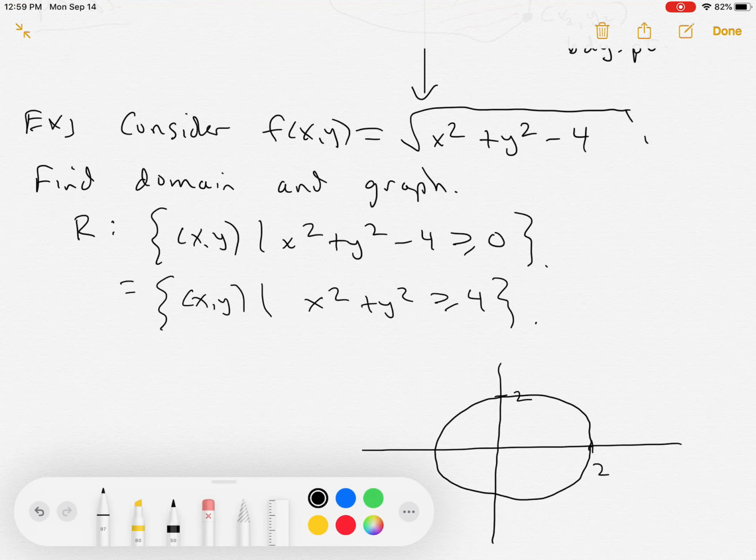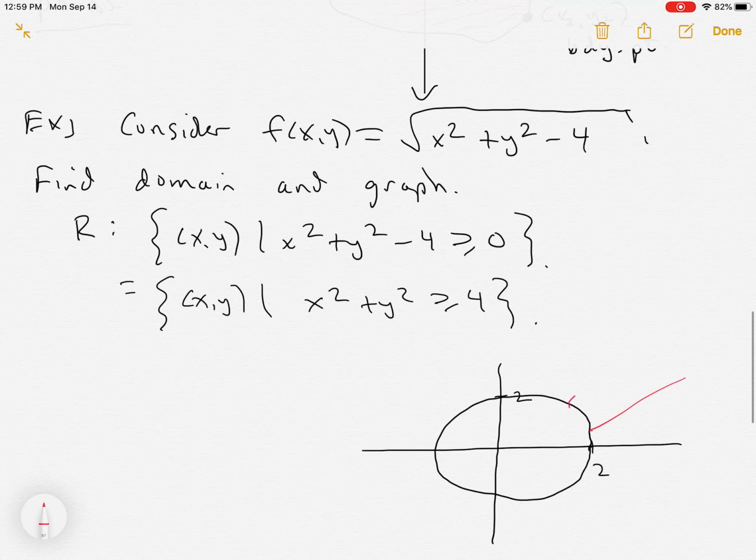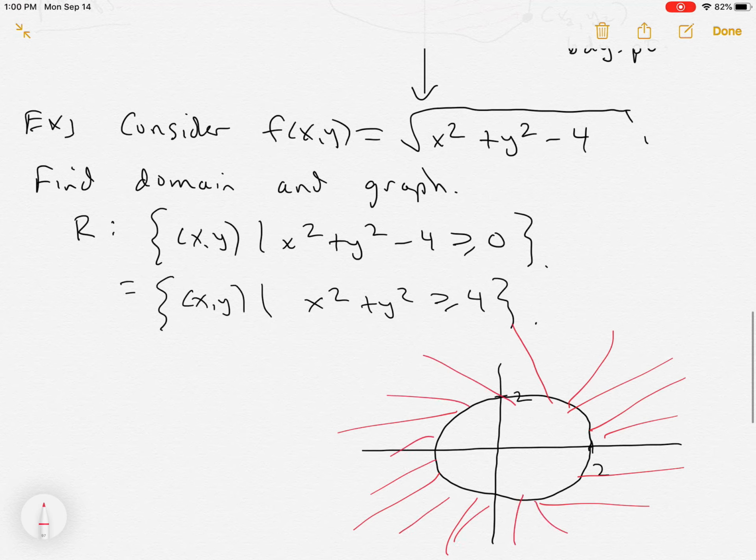I'm going to get some color here. So our domain is going to be all of these points. This is actually the complement of the circle. It's everything outside of the circle, including the circle itself. So we do have a boundary here along the circle.